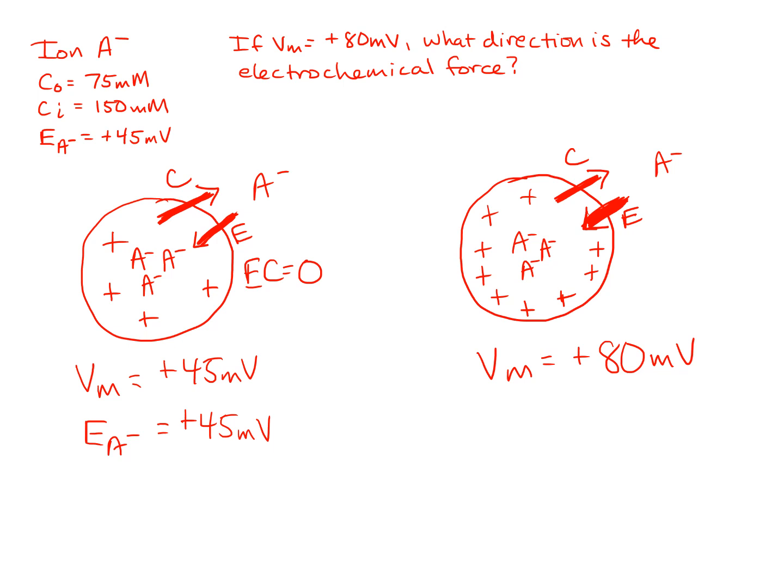So you can see that the electrical driving force is now bigger than the chemical driving force at plus 80 millivolts. So when you add these two together, the electrochemical driving force is going to go in because the electrical driving force is bigger than the chemical driving force. So to answer the question, the electrochemical driving force is into the cell, and so at plus 80 millivolts, this ion would move into the cell.